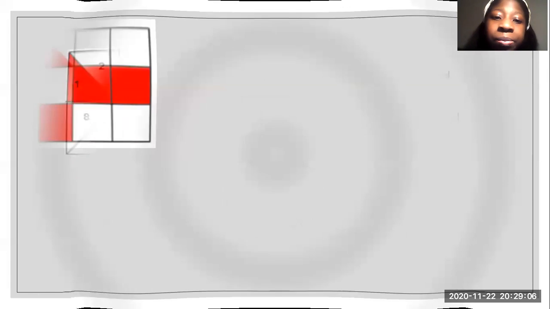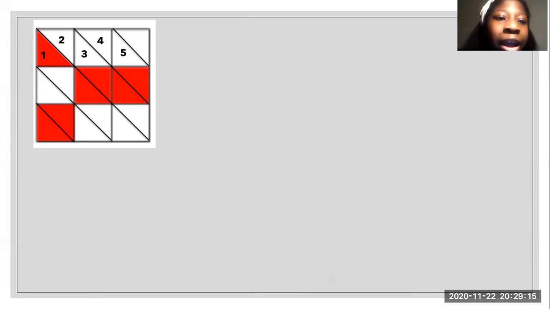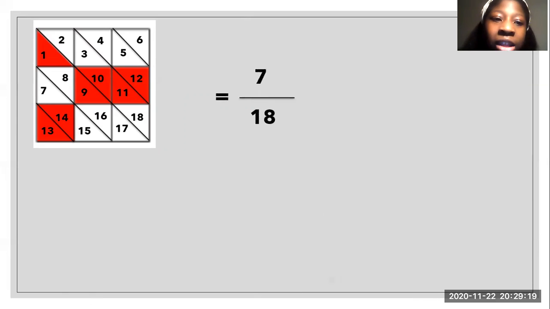Let's go to the next one. Again, this one is not divided equally, so we'll have to divide it equally, and then number how many we have. In total, we have 18, and we have 7 shaded. So how many shaded will go on top, and total is on the bottom, which is numerator, denominator.